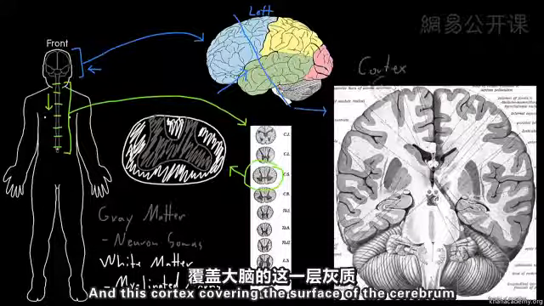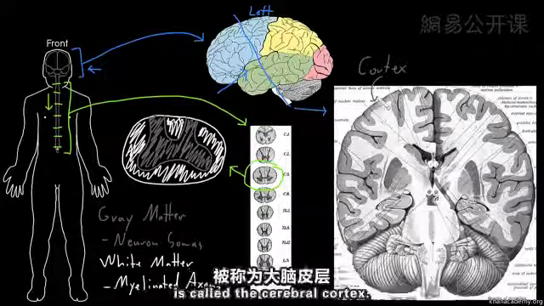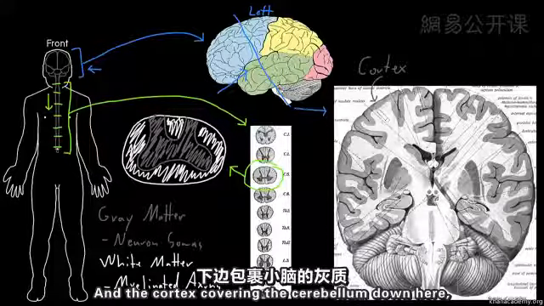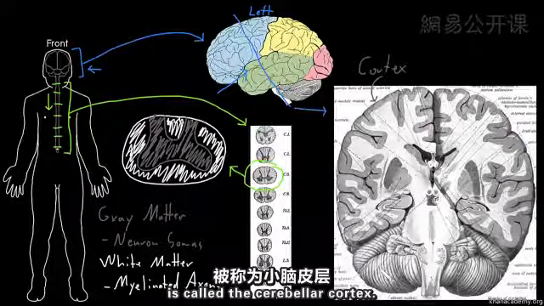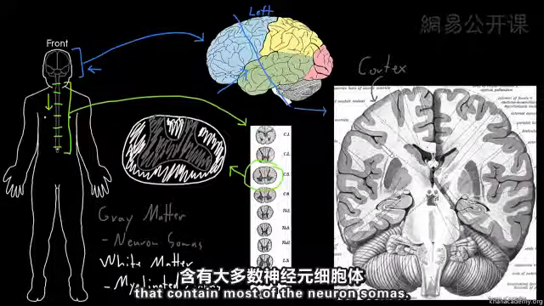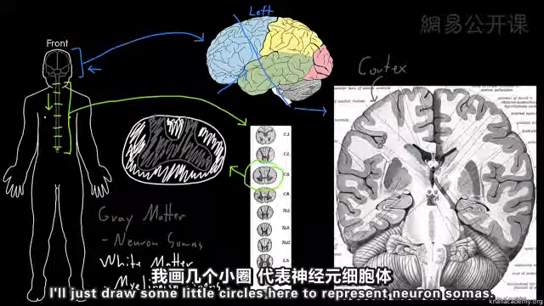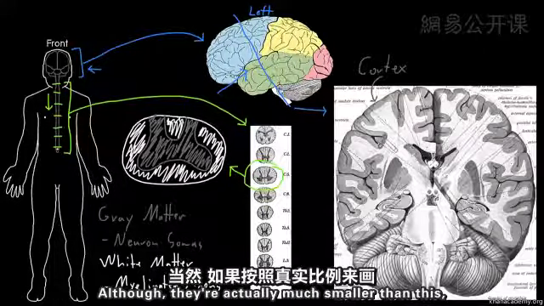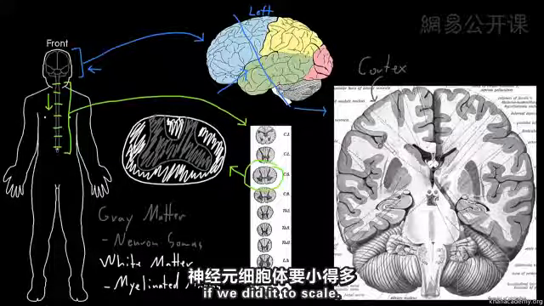And this cortex covering the surface of the cerebrum is called the cerebral cortex. And the cortex covering the cerebellum down here is called the cerebellar cortex. And that's all gray matter on the outside of those parts of the brain that contain most of the neuron somas. So I'll just draw some little circles here to represent neuron somas, although they're actually much smaller than this if we did it to scale.